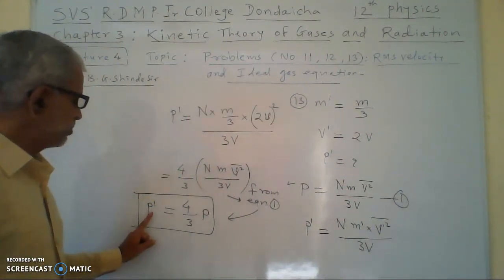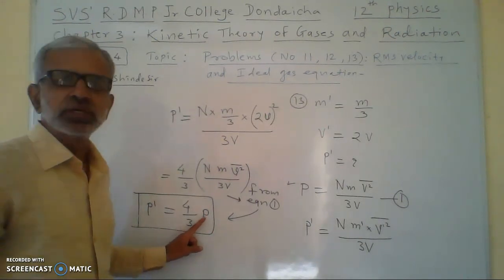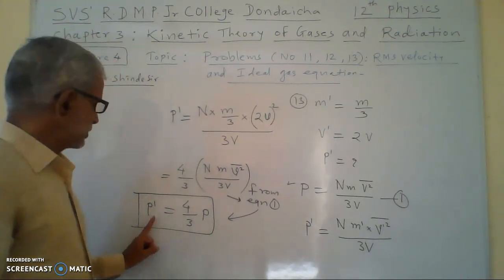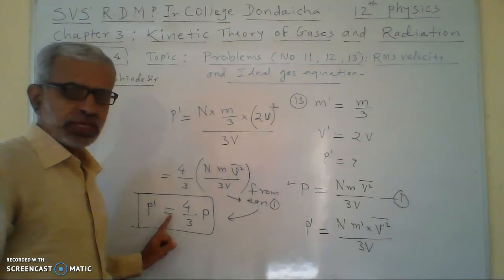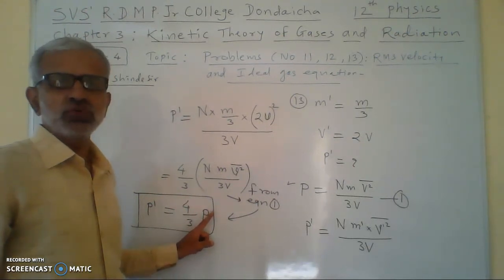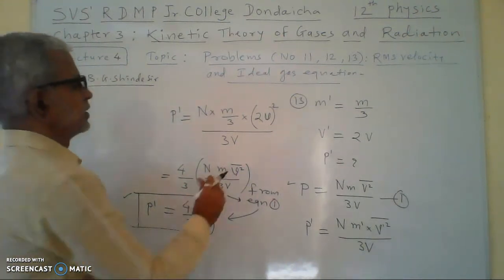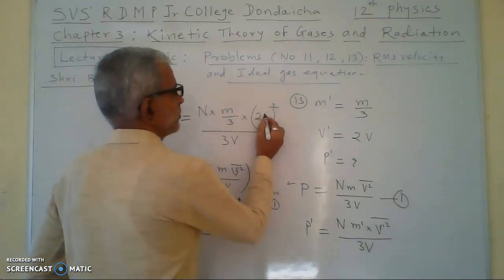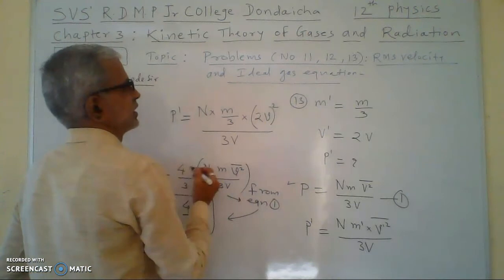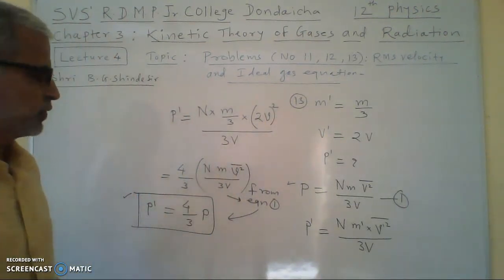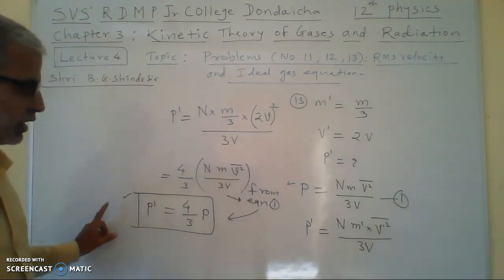So we get P dash equal to 4 upon 3 into P, and this is the new pressure. So this is the final answer. Here this v is a velocity, and it is in bracket square. So this is the answer.